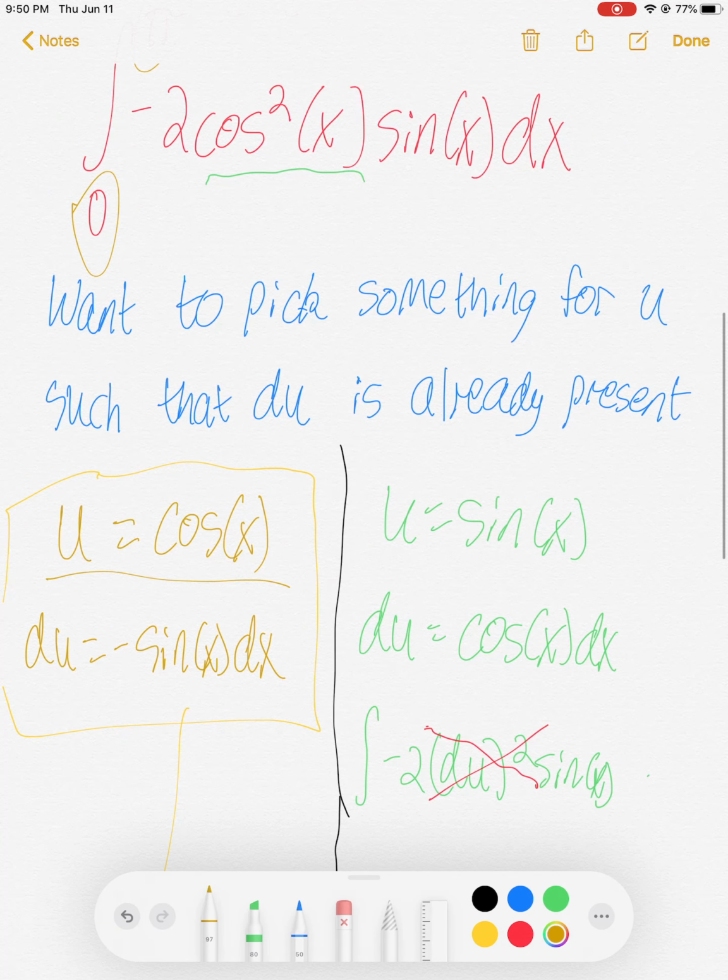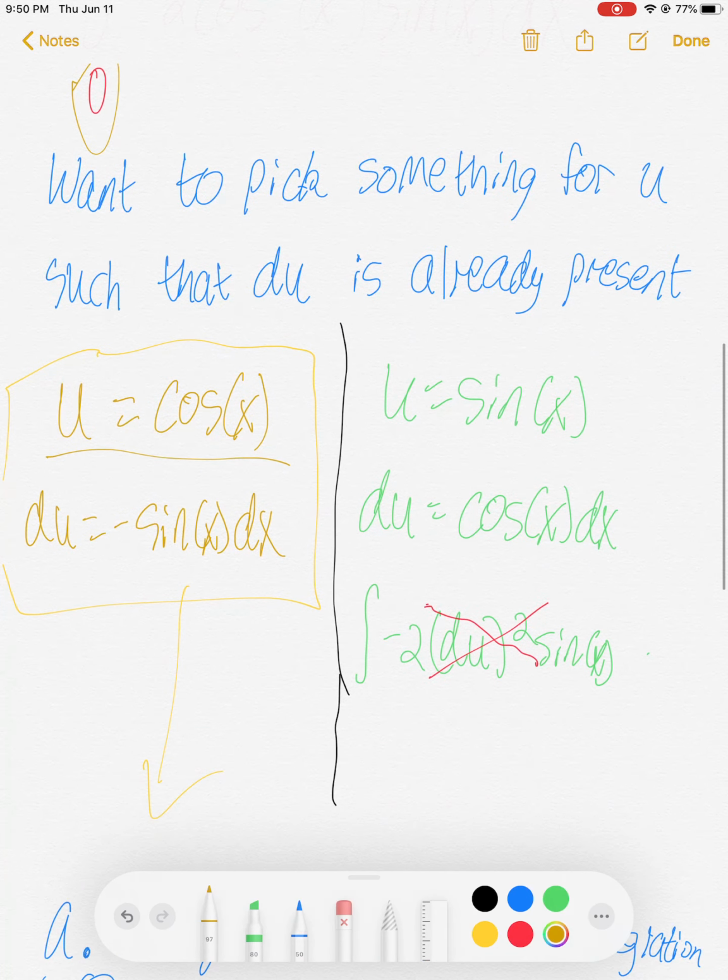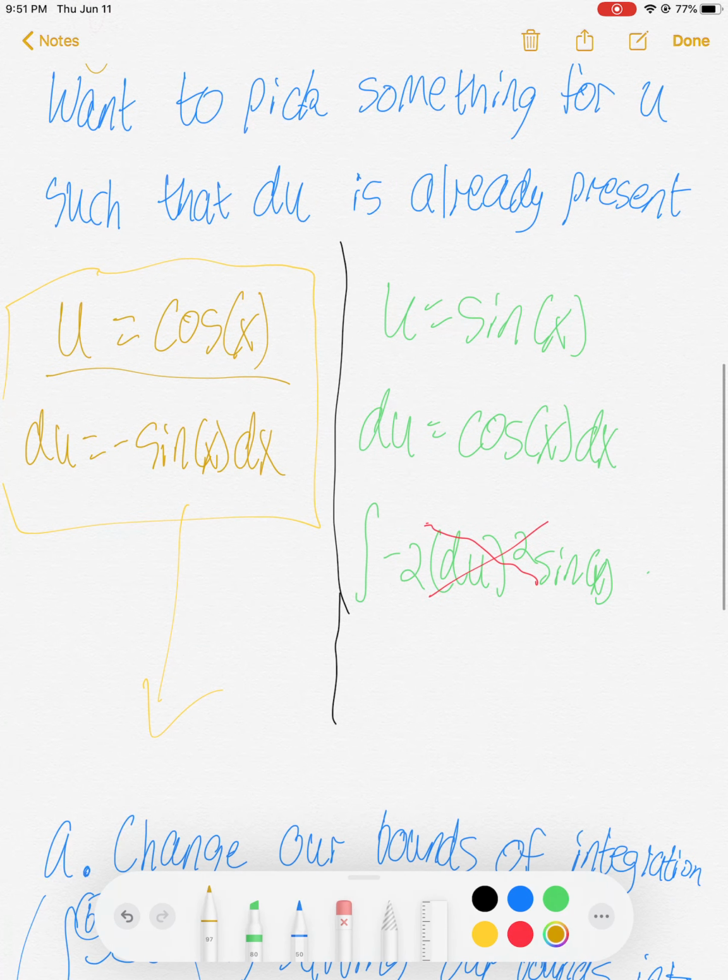Well, I've still got that negative 2. In fact, why don't I pull that negative 2 out front? Remember, I can always pull a constant multiple out front of an integral. Cosine squared is now just u squared. So I have a u squared.